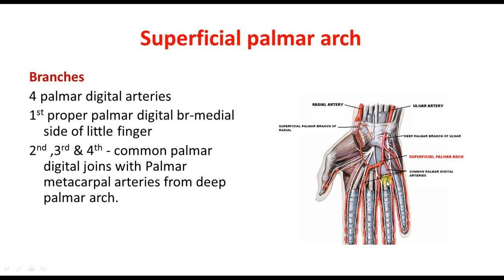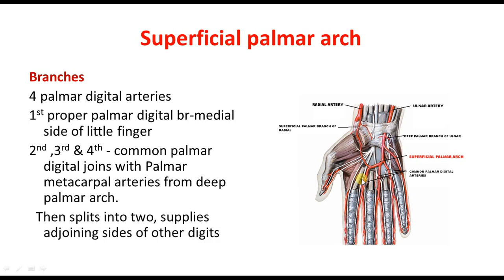These will join with the palmar metacarpal arteries. We will see that later in the deep palmar arch. These branches are called perforating branches. They perforate and join with the palmar metacarpal arteries.